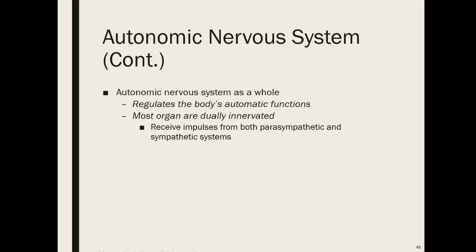So like we were just talking about with the stomach, when the sympathetic system is in play, the bowels don't work, blood has rushed from the abdominal cavity to the muscles to prepare for the flight or fight response. But those organs are also innervated by the parasympathetic, which causes the bowels to start to work once we've calmed down and we're back to that normal resting state.